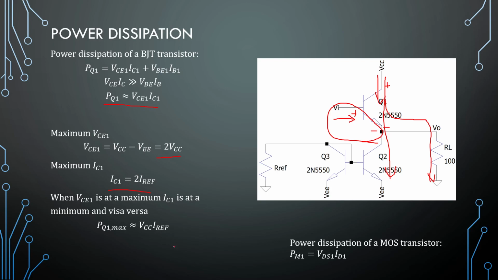So the maximum in IC is 2 times Iref, but they do not peak at the same time. So for this transistor, it averages out on just VCC times Iref for the dissipation. Okay, as a side note, the power dissipation for a MOS transistor is just the drain source voltage times the drain current, since there is no gate current flowing.